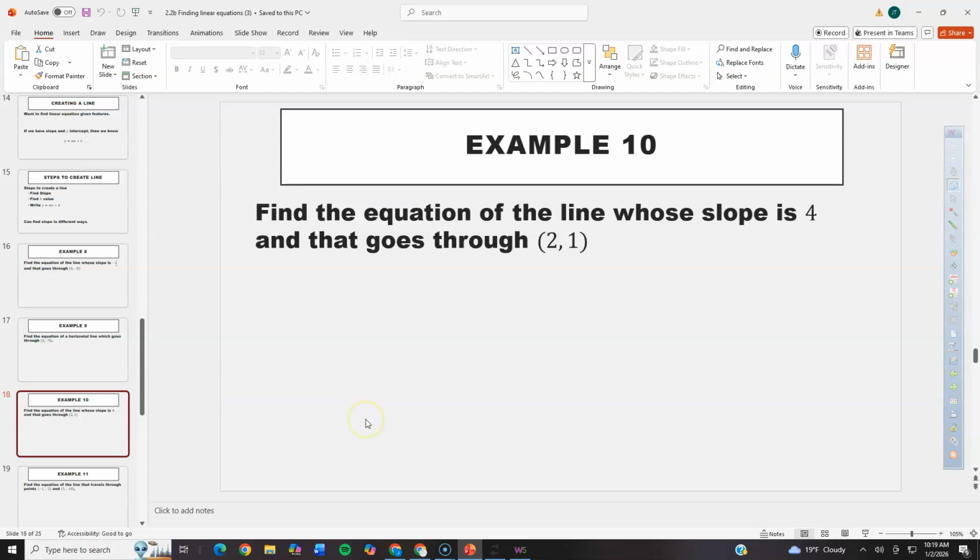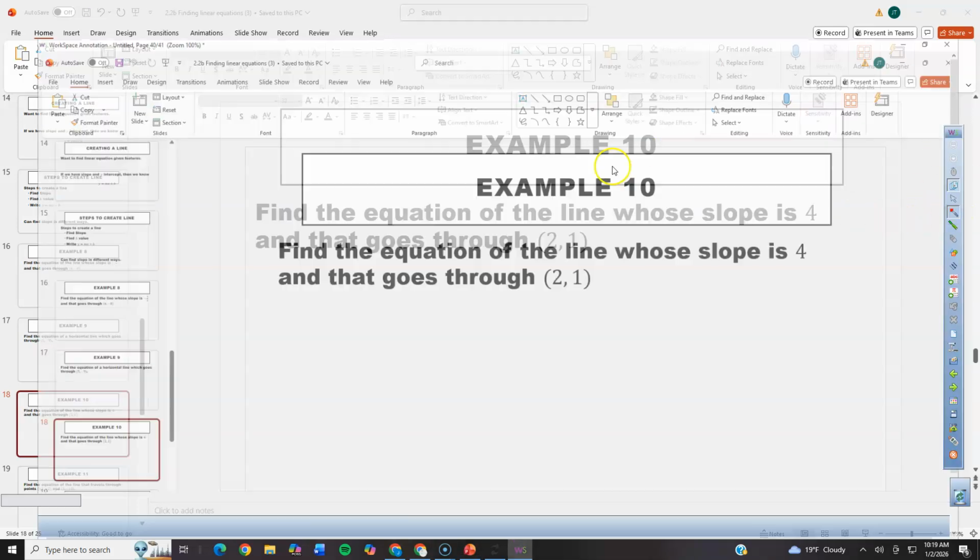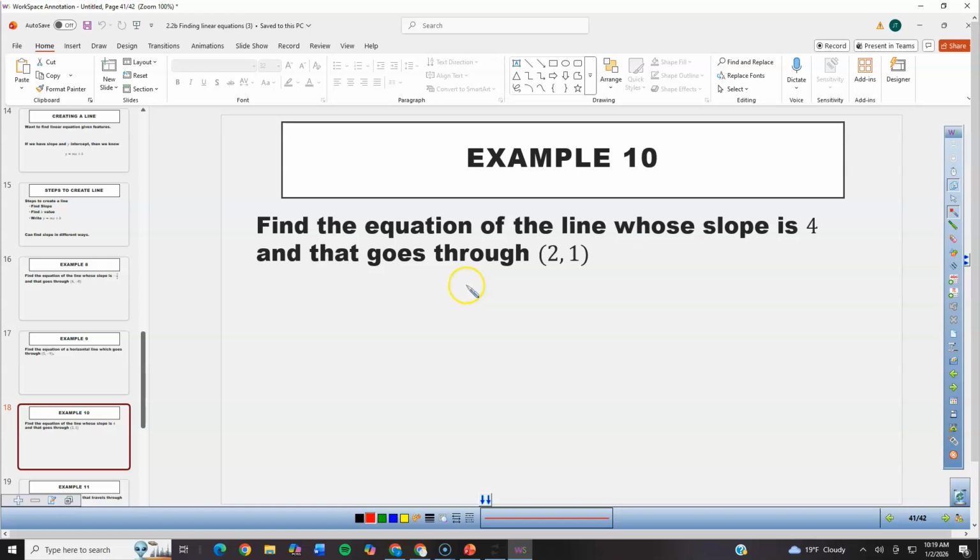All right, pause the video, try this one, and then I'll go over it really quick and you can check yourself and see how you did. I'm going to do the problem in 3, 2, 1. y equals 4x plus b. Plug in your x and your y. So I got what?